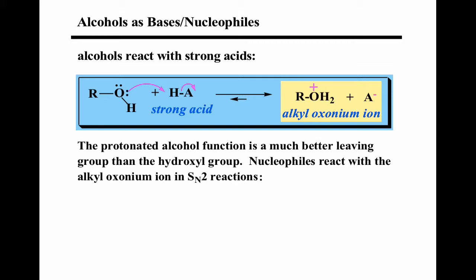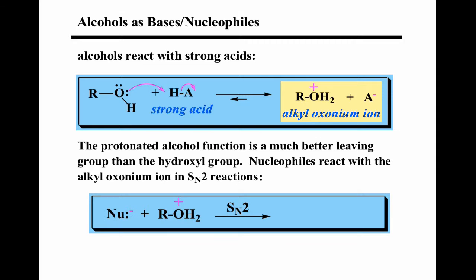Here we're going to talk about it in terms of an SN2 reaction. So you can imagine the nucleophile then reacting, right, in a typical SN2 reaction where the nucleophile, a Lewis base functioning as a nucleophile, attacks the carbon, and water leaves as a leaving group, right? And you end up with a new nucleophile carbon bond, okay?